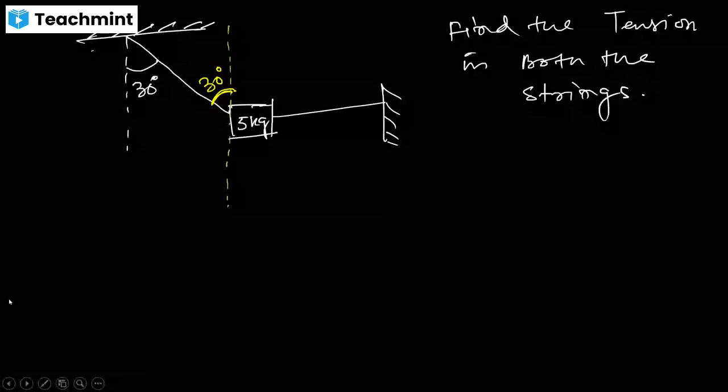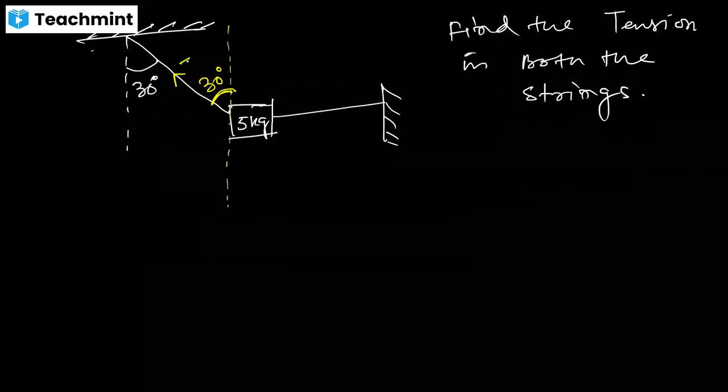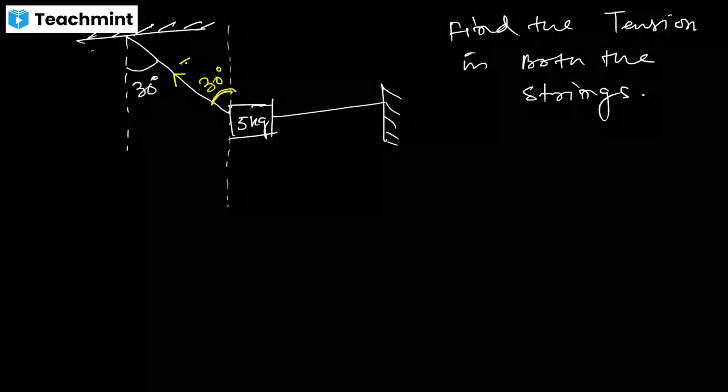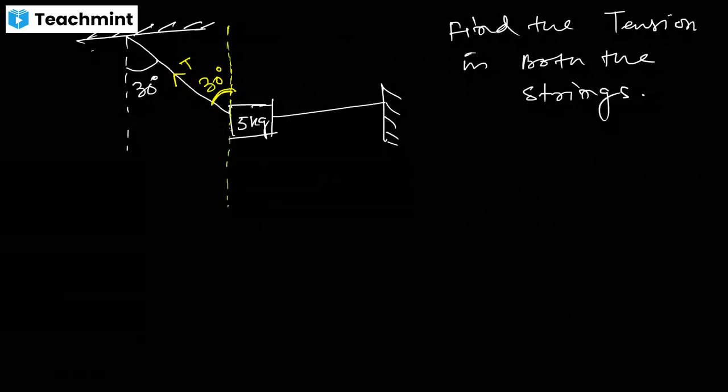Then I can say that the tension force is acting in the upward direction. I have already said that if the object is attached with a string, then obviously the tension force will work in the upward direction. Suppose this is T. Then which is the base with respect to which the angle is working? I'm making the lines colorful so you can understand it well.